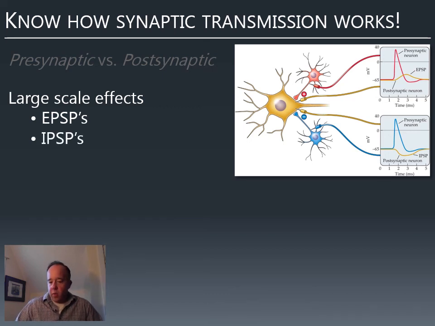You have the opposite as well. You have inhibitory postsynaptic potentials, IPSPs. And this is often done with the neurotransmitter GABA, an inhibitory neurotransmitter. An IPSP happens when an ion channel opens and lets in chloride. So chloride is a negative ion. When it comes into the dendrite, it hyperpolarizes the membrane potential.